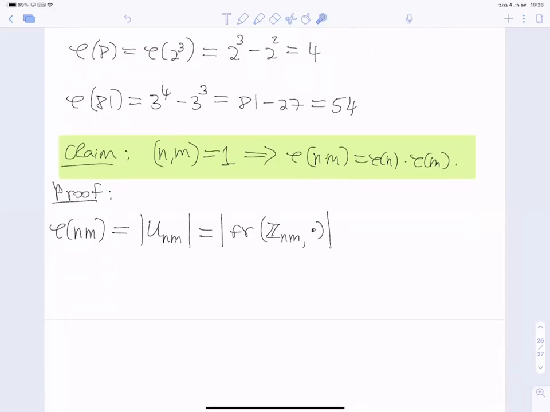If you think about this monoid without the group, this monoid is isomorphic, as we've seen, to Zn product with Zm.